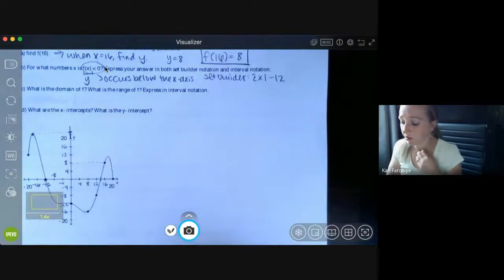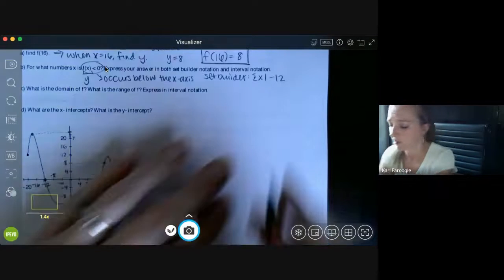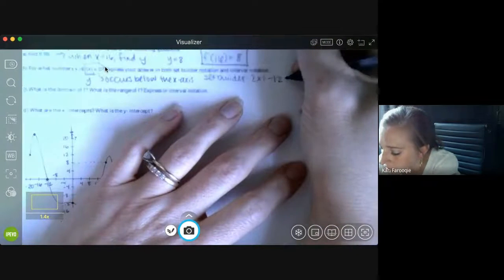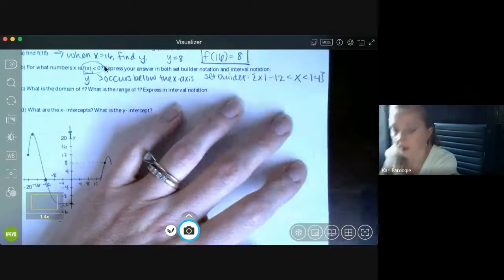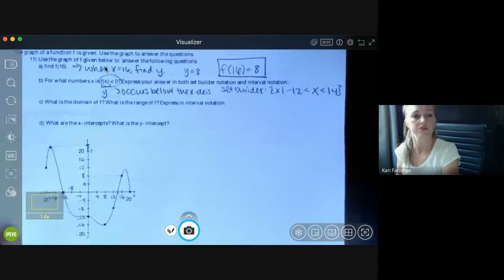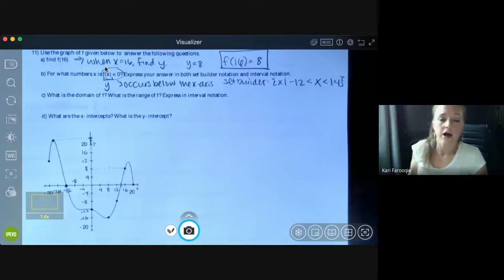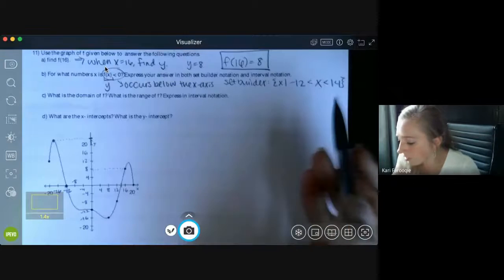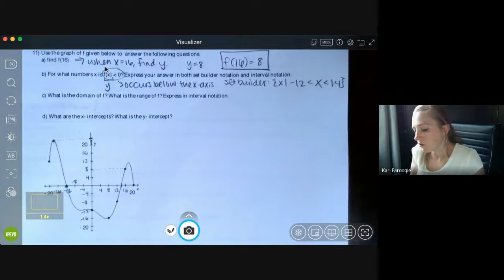And then when we build our set builder notation here, we can just use some inequalities to represent what's occurring on the graph. So we can say that x has to be between negative 12 and positive 14. Now, I did not use less than or equal to signs, and I think many of you guys know why.